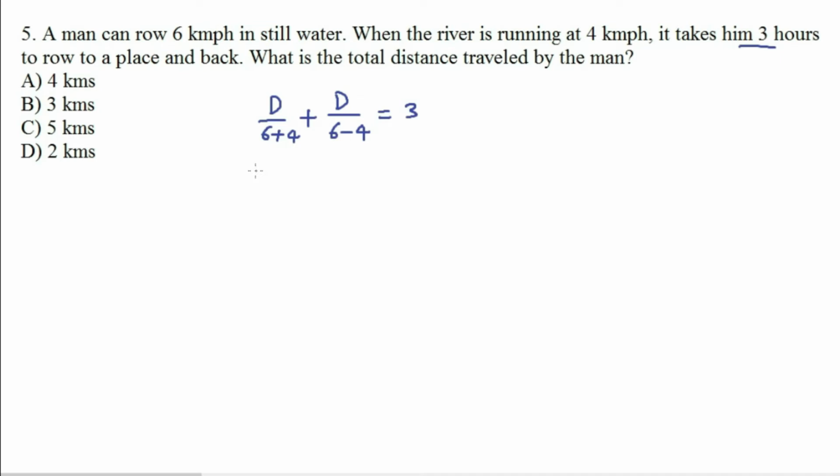Now D is common. D by 6 minus 4 plus D by 6 plus 4, divided by 6 square minus 4 square equal to 3.